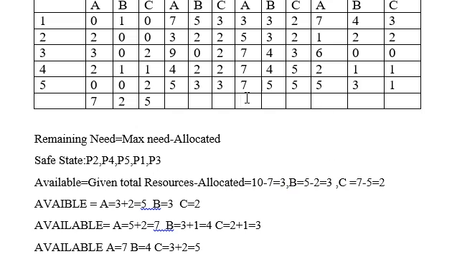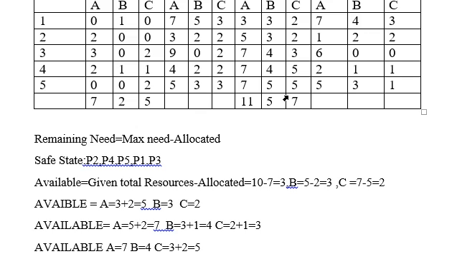So now we will check what is the available after serving P3. What was available previously was 7 and it was holding 3, so it will be 11. This previously available was 5, it was not holding anything, so this will remain 5. And C available was 5 and it was holding 2, so this will become 5 plus 2, that's 7.